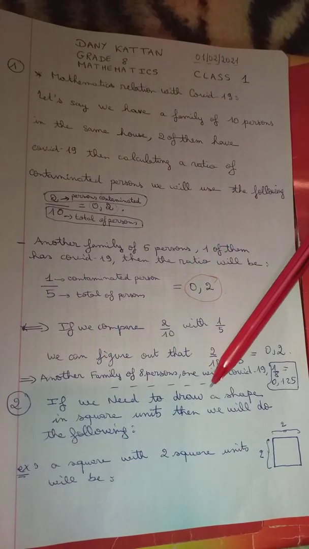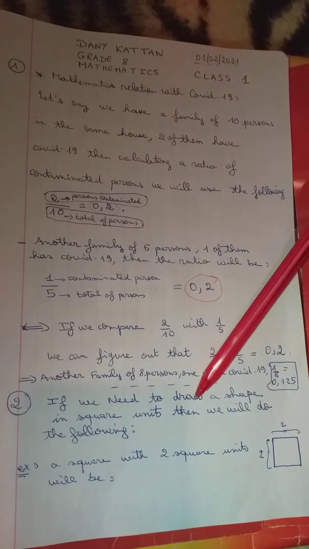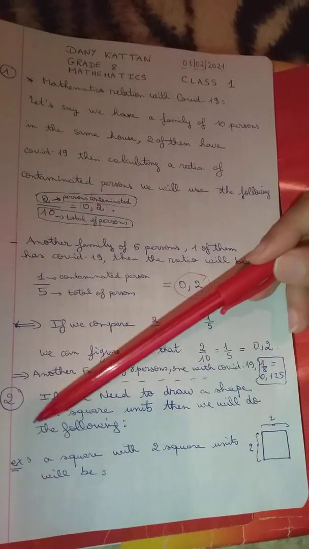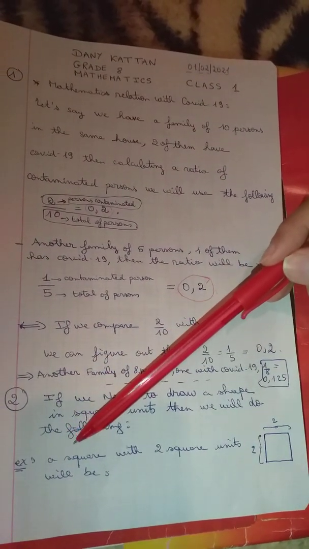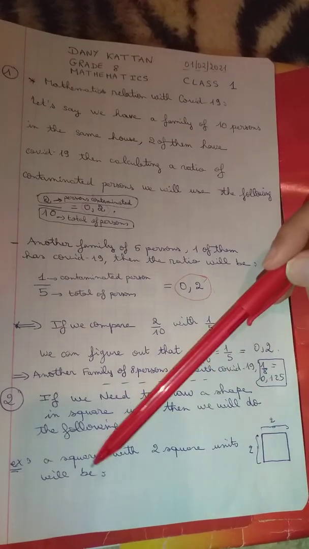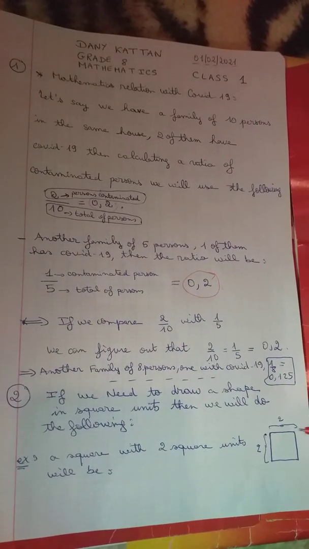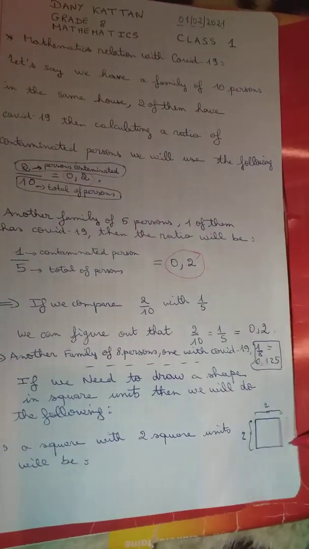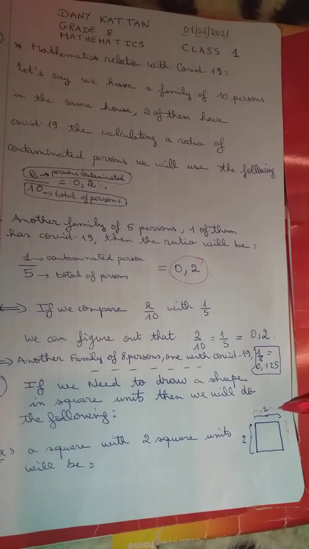If we need to draw a shape in square units, then we will use the following. Let's say our example, the smallest one, is a square with 2 square units. It will be like that. Here we have 2 squares: 1, this is the first, and this is the second. And here the first, the second.